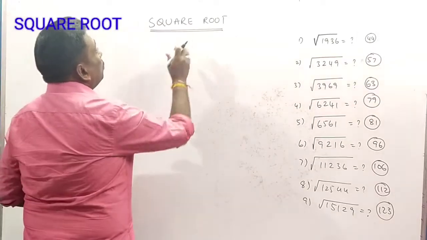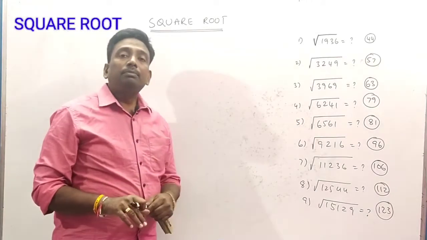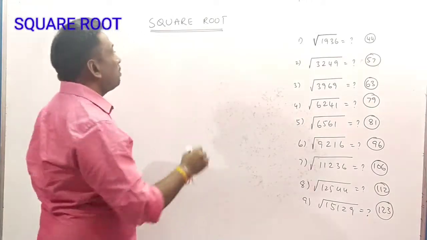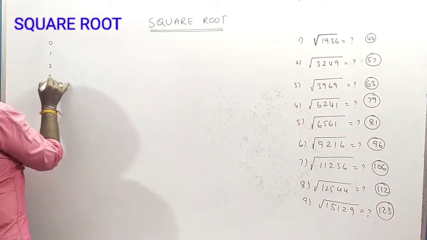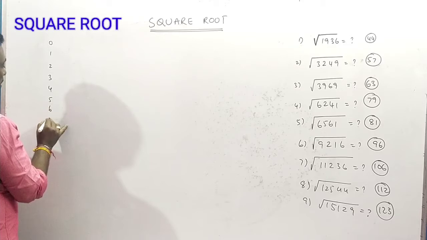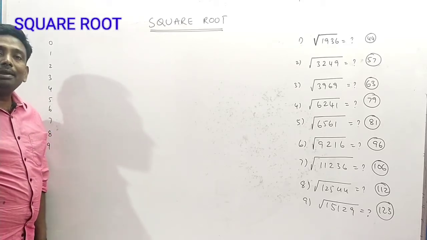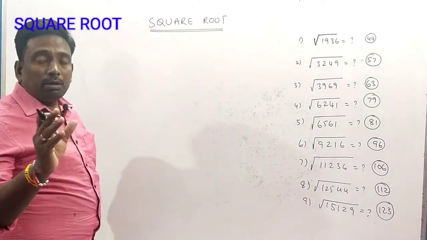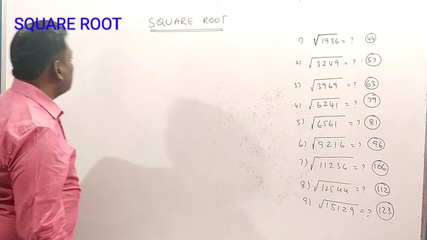Here, how to find the square root of a number. We know that all the numbers we can write by using the digits either 0 or 1 or 2 or 3 or 4 or 5 or 6 or 7, 8, 9. By using these digits only we can write the numbers, right?